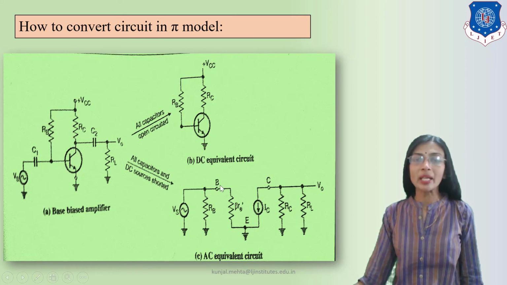Look, this is the pi model, reverse pi. Here we always assume that the BJT transistor is considered with an input port and an output port. The input port behaves like a diode and the output port behaves like a constant current source.